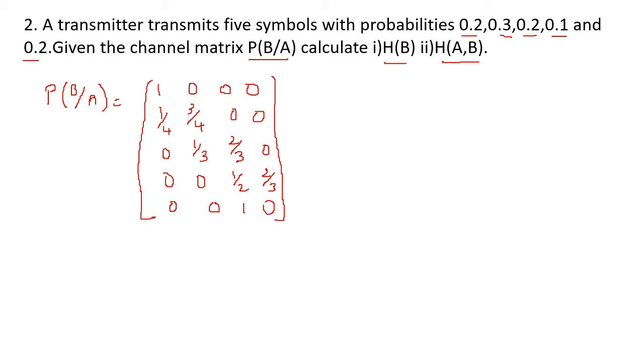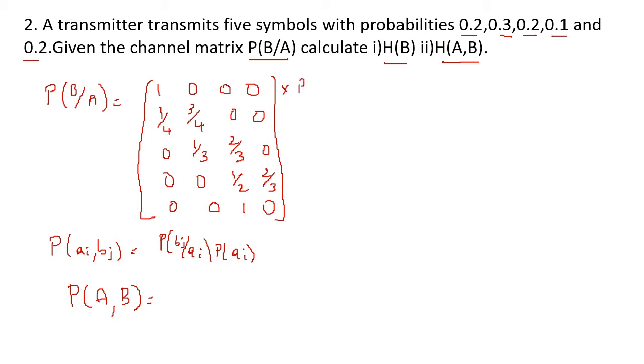Now how to solve this? We know that P of ai comma bj is nothing but P of bj by ai into P of ai, where P of ai are the input symbol probabilities, which is given. So we'll find the joint probability matrix P of A comma B, which is the multiplication of each row with the respective probability.